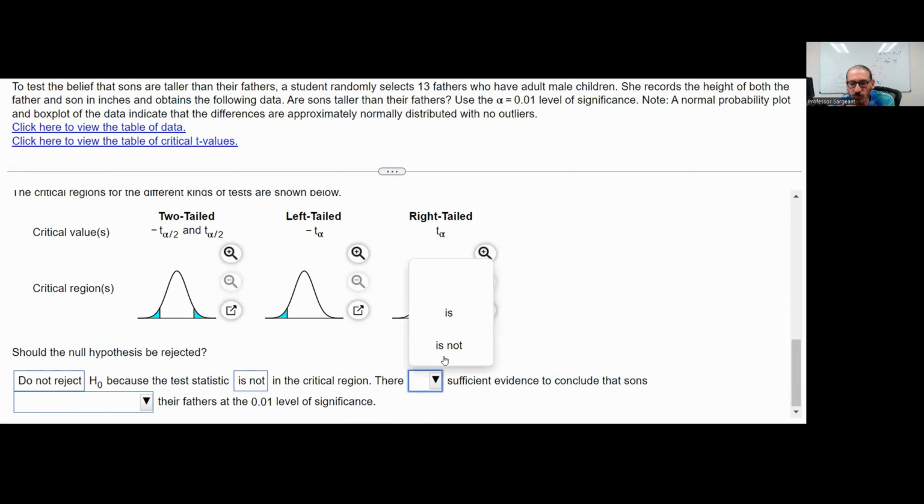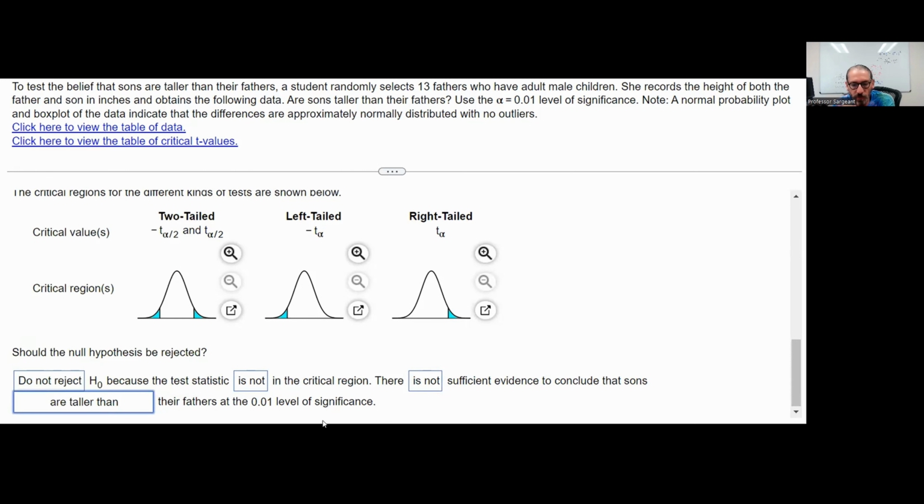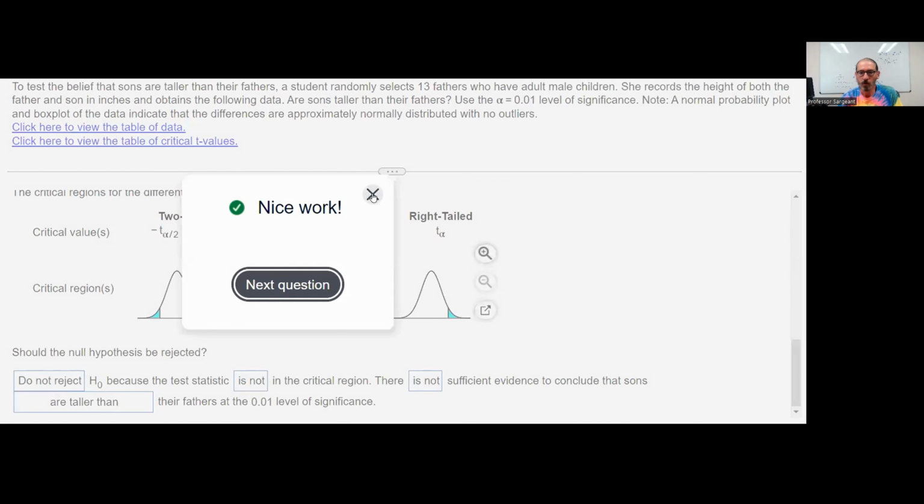There is not sufficient evidence to conclude that sons are taller than their fathers at the 0.01 level of significance. Same as saying there's not sufficient evidence to show that fathers are shorter than their sons. That's the order of subtraction we wound up doing. Okay.